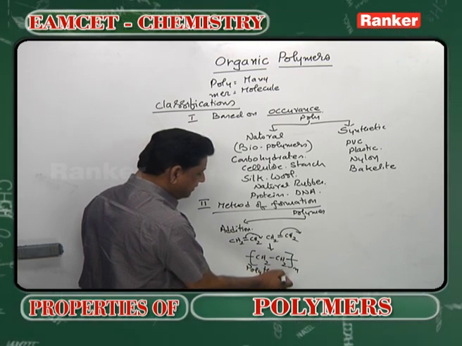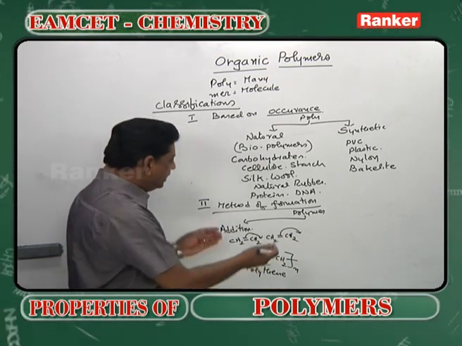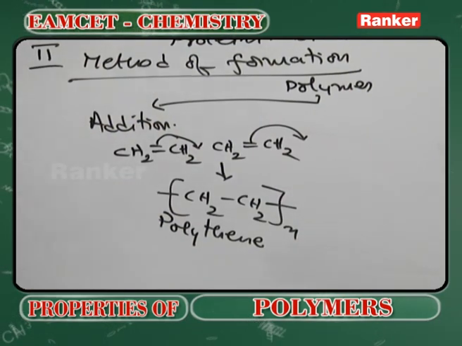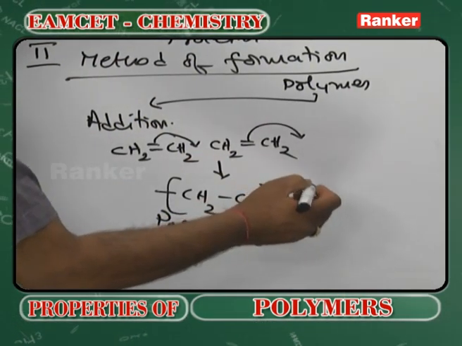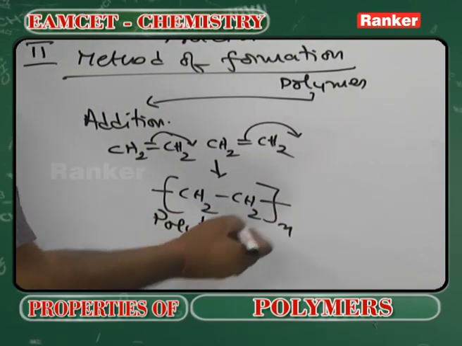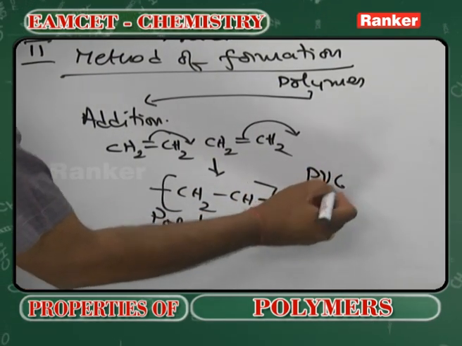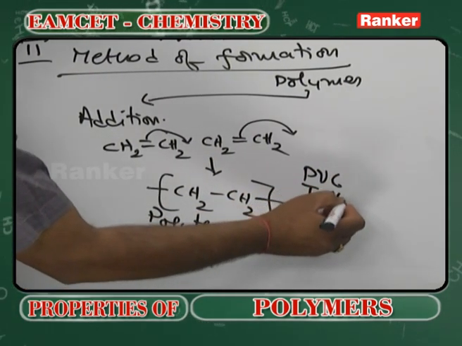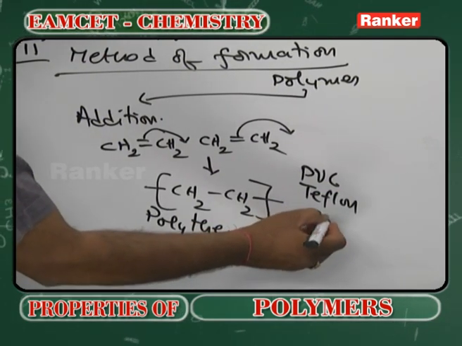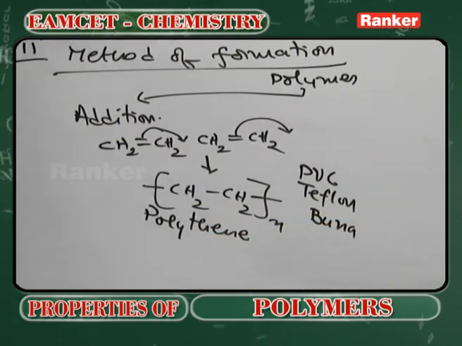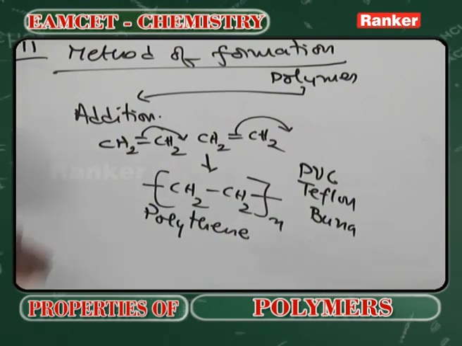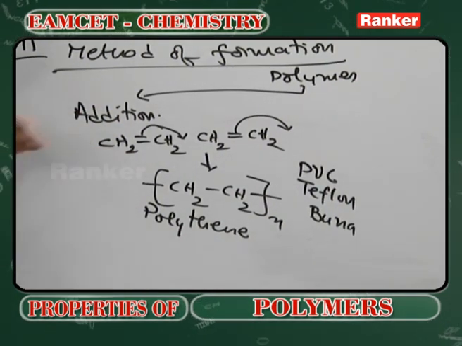So polythene is formed by adding the molecules. Examples of this type are PVC, Teflon, Buna rubber and so on, several polymers made by the addition method.